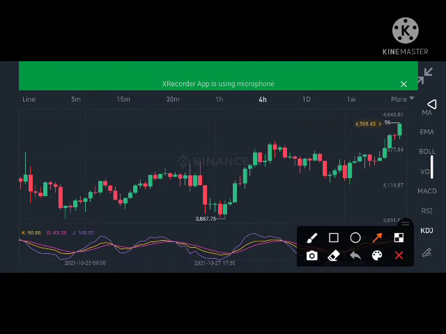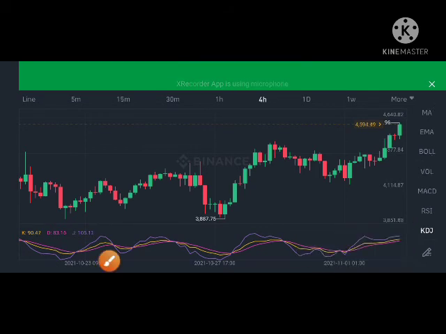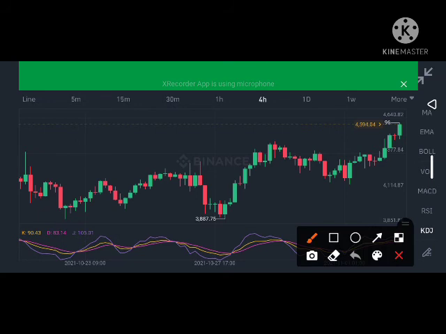Do you understand? The divergence that happens. So, like I said, the J line showcases the convergence and the divergence between the K and the D line. It's as easy as that. So when the J line is coming close to the K and the D line, like at this point, that is your entry point. You buy the market.